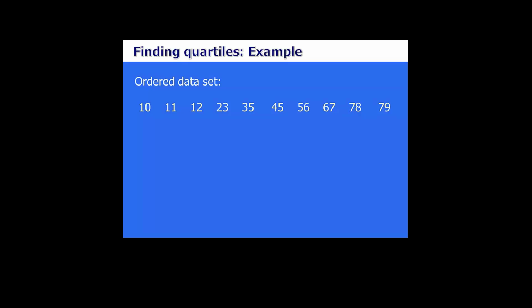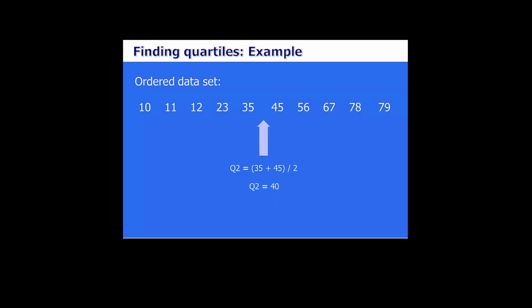Recall that when you have an even number of values, the median is equal to the sum of the middle two values divided by 2. So in this example, the median, Q2, is equal to (35 + 45) divided by 2, or 40.